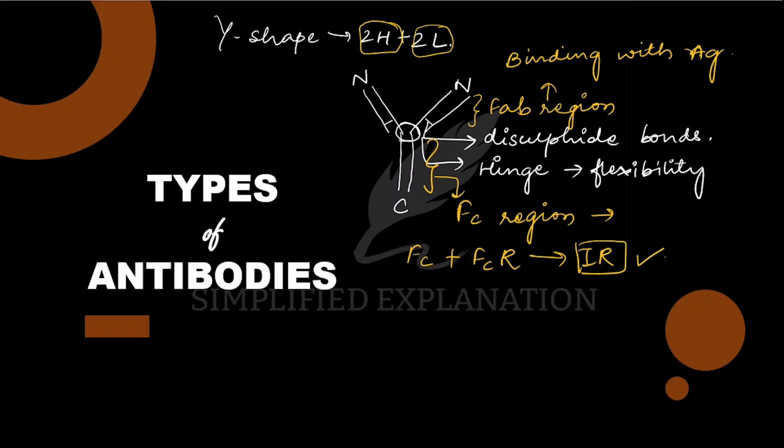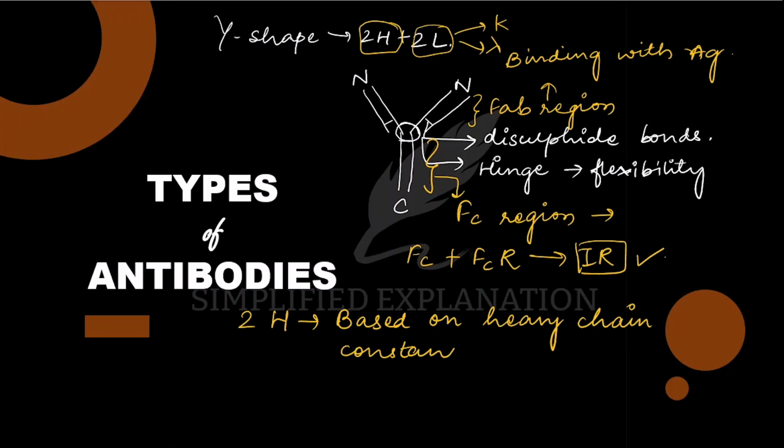So yes, we know that it is having two heavy chains and two light chains. The light chains can be either kappa or lambda, any one of the types. But if we talk about the heavy chains, the antibodies have been divided based on the heavy chain constant region only.